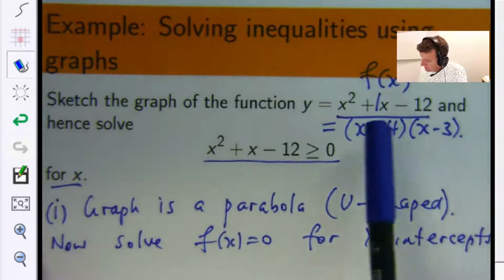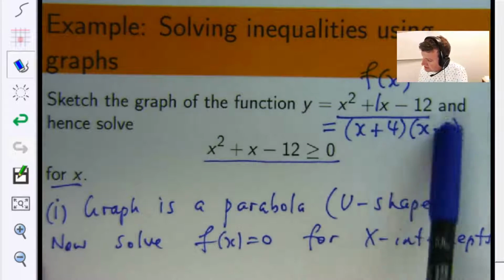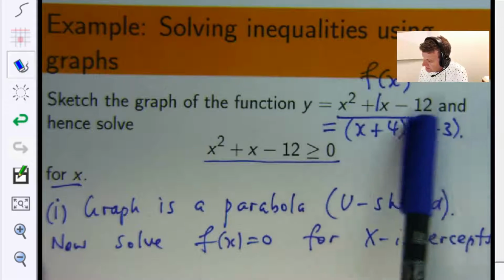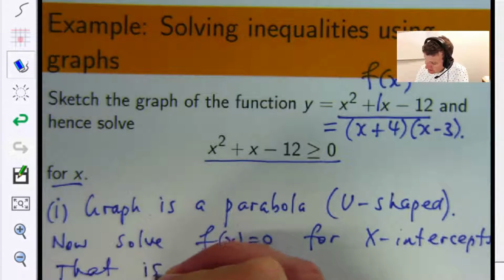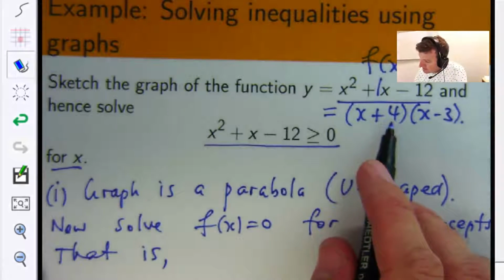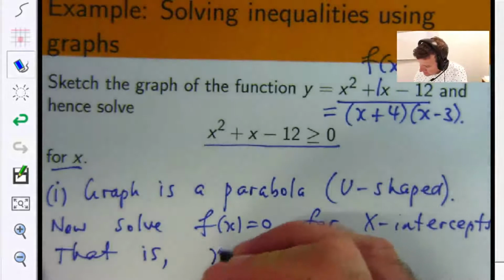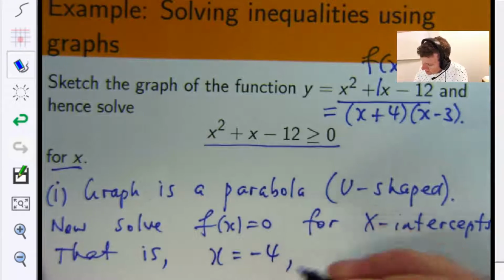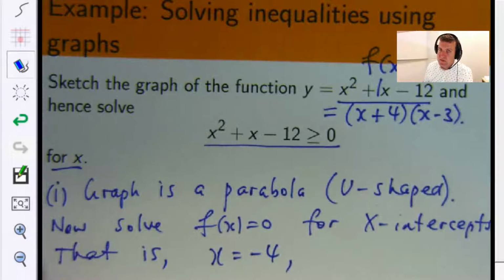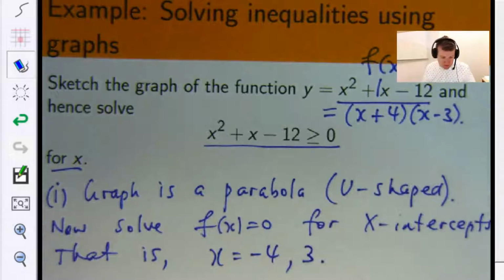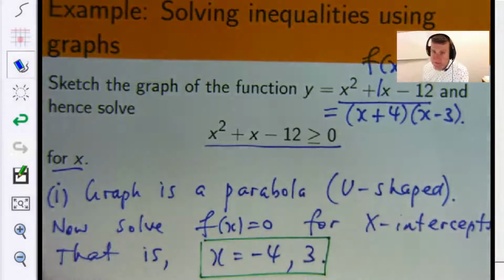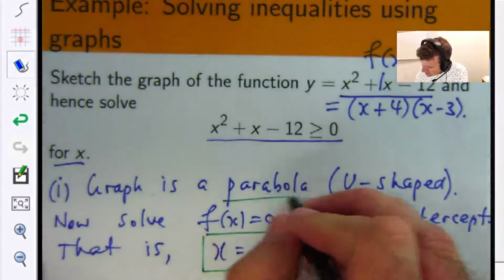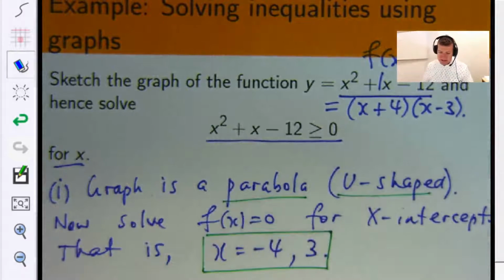This expression is 0 when this is 0 or when this is 0. So x plus 4 equals 0, well, that just means x equals minus 4. Or x minus 3 equals 0. That means that x equals 3. So these are your two x-intercepts.